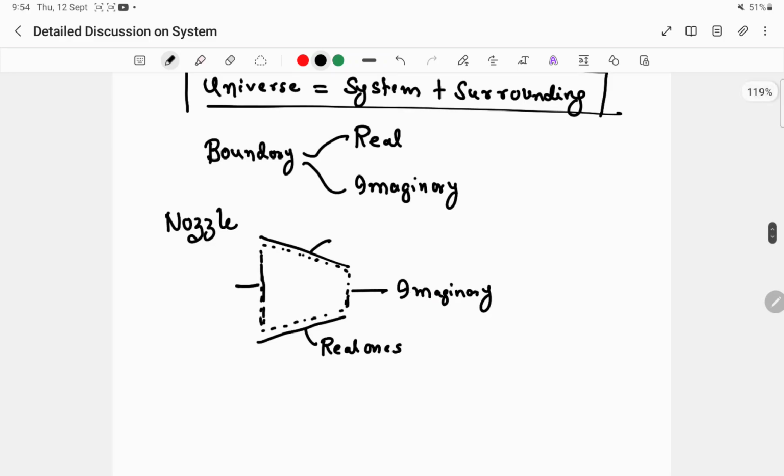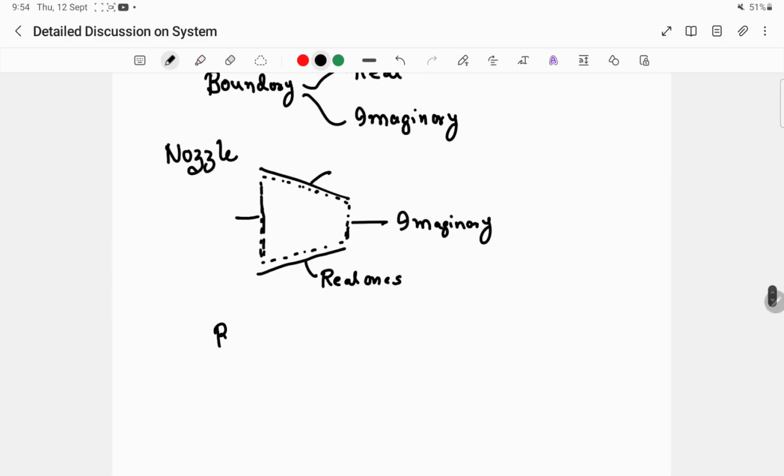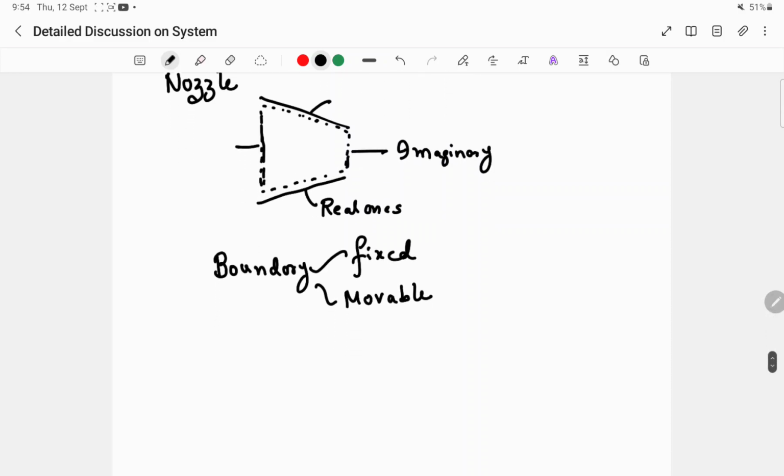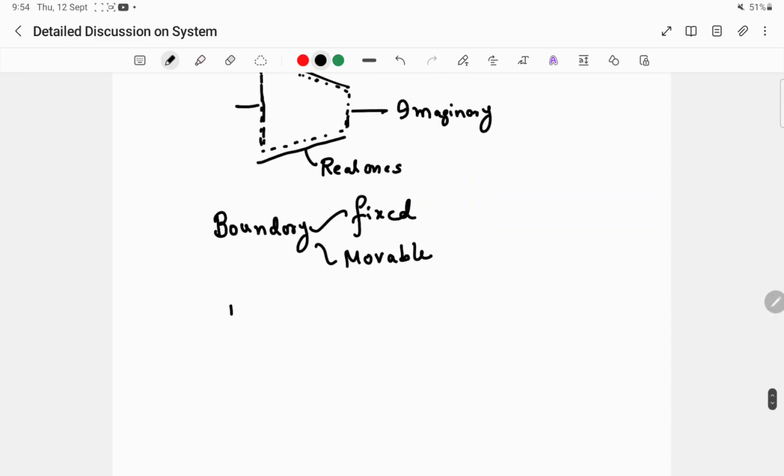So boundary can be real and imaginary, and boundaries can also be rigid, fixed or movable. Let me explain this to you. Let's say this is your piston cylinder arrangement.